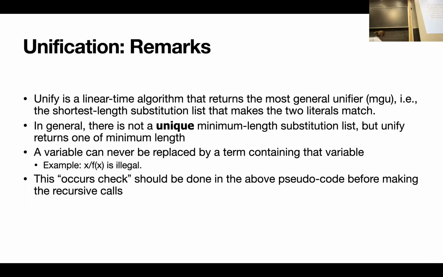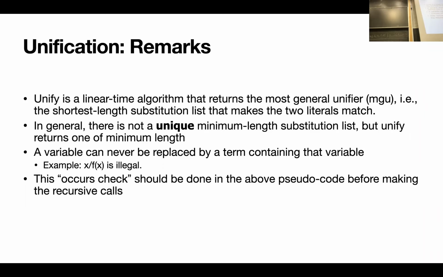We don't constrain variables, we keep them more general. In general, there's not a unique minimum length substitution, but at least we know the unification procedure will find at least one of the minimal length ones, though there could be others.